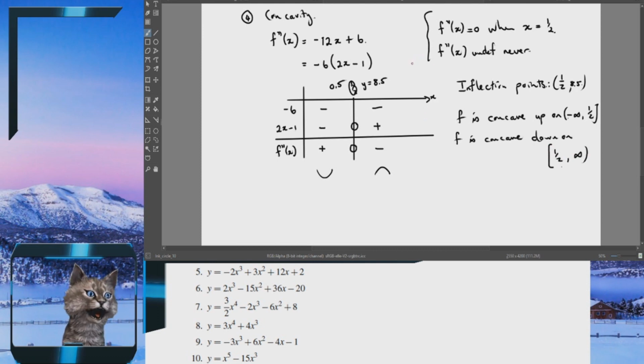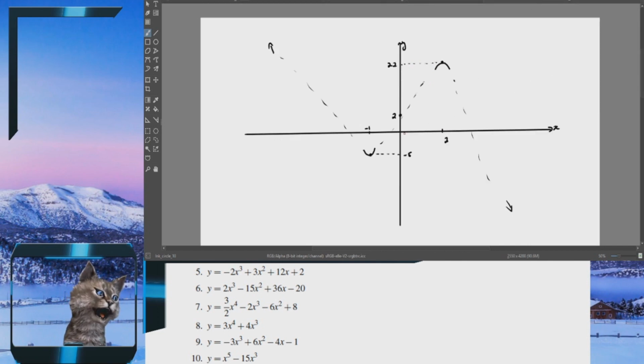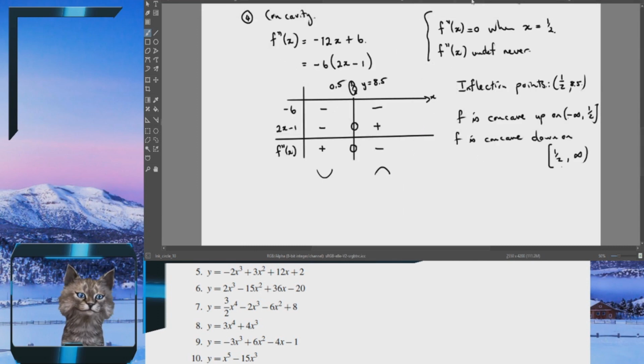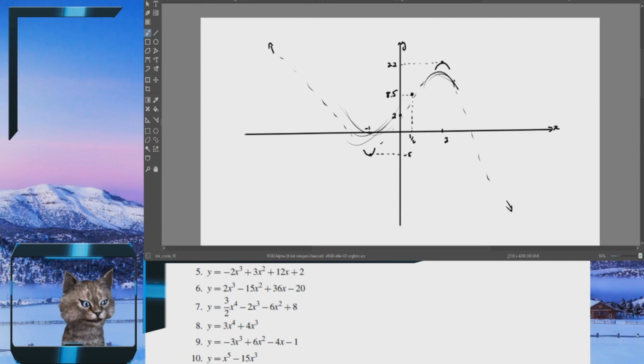So we have this point 1/2 and 8.5. So 1/2, let's put it over here. 8.5, let's put it over there maybe. And again, I am abusing the scale for convenient shape. So I'm bending up and I'm bending down as I go past that inflection point.